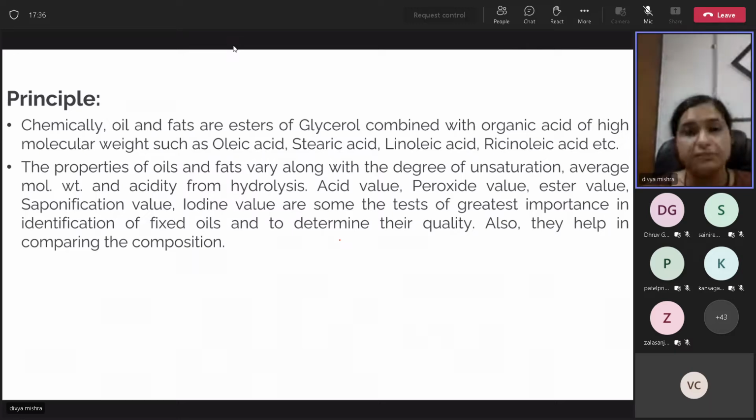So that is why these properties are of higher importance to be determined.